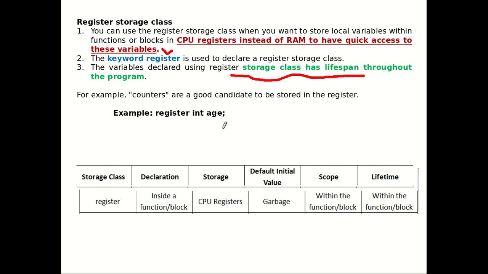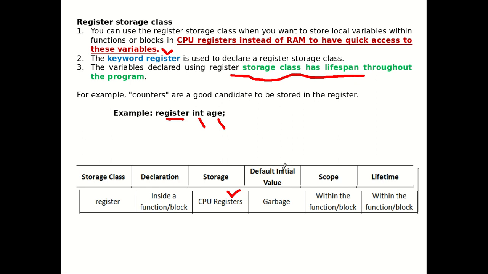So you can declare a register variable by using the keyword register, then the data type, and then the name of the variable. The declaration of the register storage class is inside a function or a block, and the storage, means the memory, is allocated from the CPU registers.